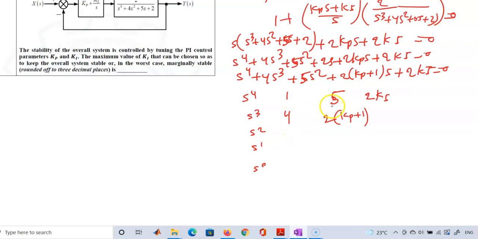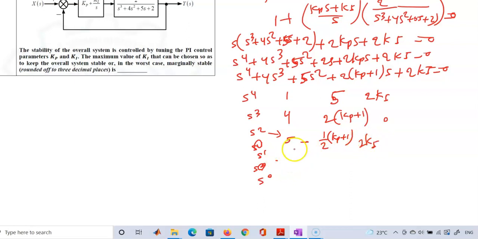For this one, 4 into 5 minus 1 into 2(Kp plus 1), upon 4. So this will be 5 minus 2 upon 4, that is half (Kp plus 1), in the second row. And this one will be 4 into 2 Ki, minus 1 into 0, upon 4, that is your 2 Ki.